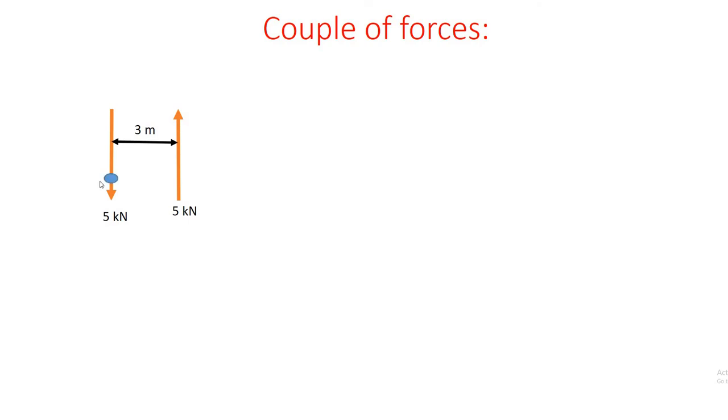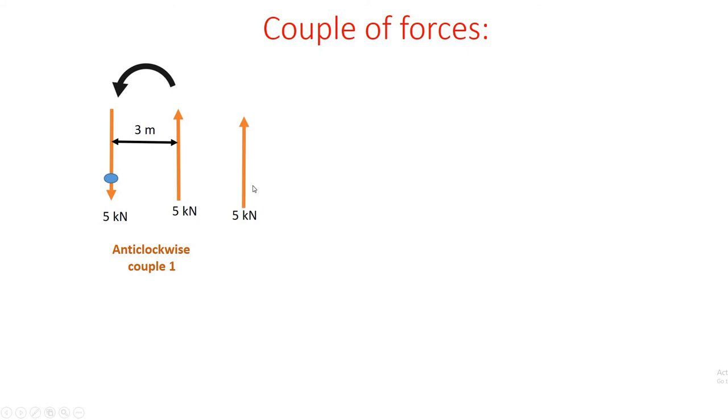Yes. Now consider this point. Now let us rotate this couple about this point. What about the type of rotation? It is clockwise in nature or anti-clockwise in nature? It is anti-clockwise in nature. So the couple is an anti-clockwise couple.